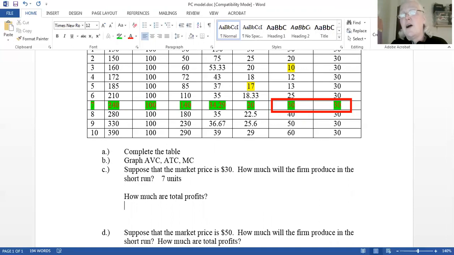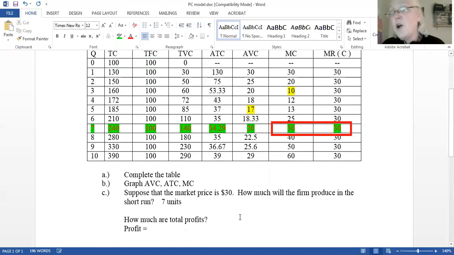Well, total profit is going to be equal to, as you learned it one way, P minus ATC times Q. That works as well, okay? Or it's TR, total revenues, minus total cost. Since we have the total cost column already, I'm going to use TR minus TC. So in this case, total revenues is my price, the market price, which is 30.